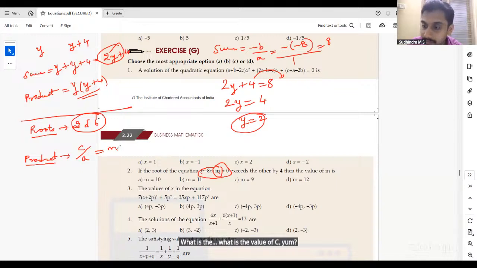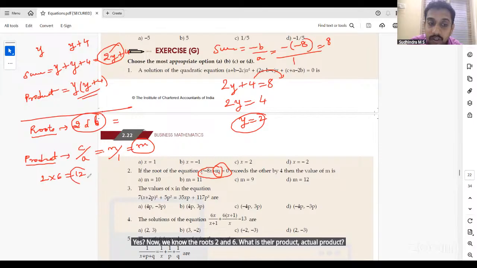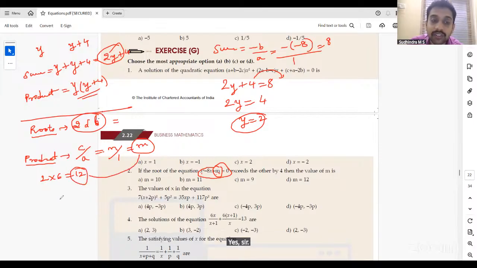M. What is the value of A? 1. So can I say product of the roots is m? Yes, sir. Now we know the roots 2 and 6. What is their actual product? 12. Product of the roots is m. So m is 12.